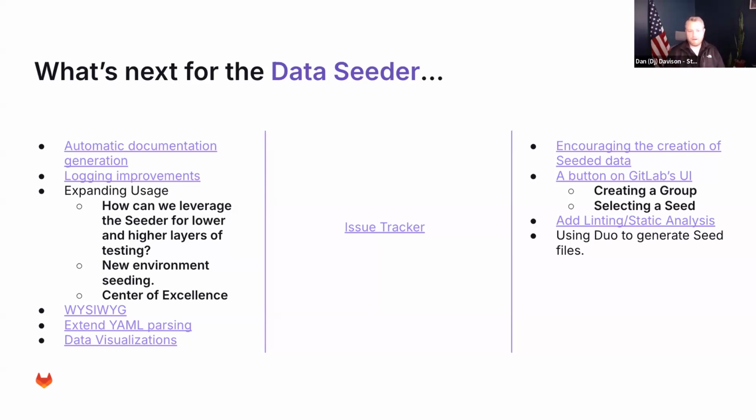But there's a long way to go, and I think static analysis and linting is probably one of the next steps, being able to statically analyze the seed file to make sure that there are no issues. So for instance, you misspell confidential, or you specify an attribute, or you don't specify an attribute. I can imagine a nice little command that you could run to verify those.